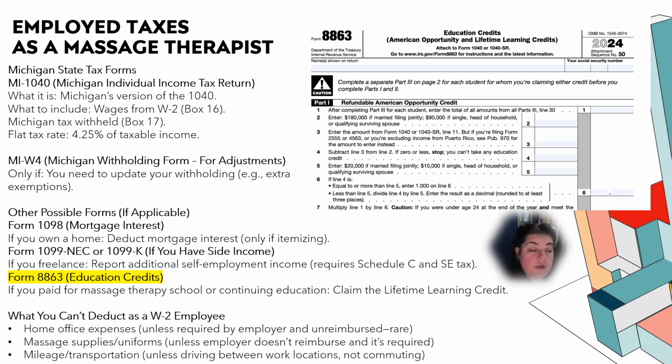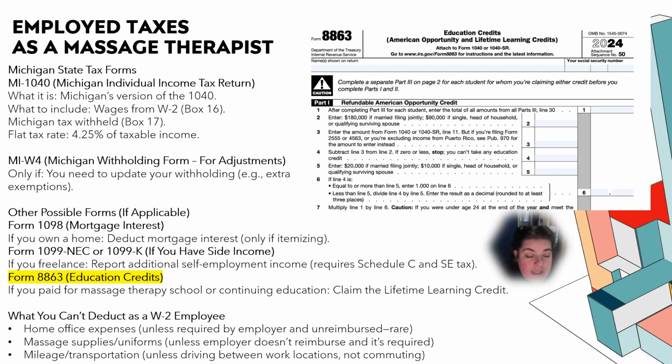All right. What you can't deduct as a W-2 employee is home office expenses unless they're required by an employer and unreimbursed, which is almost unheard of. Massage supplies, uniforms, unless the employer does not reimburse you for them and they are required for the job, then you can deduct those.